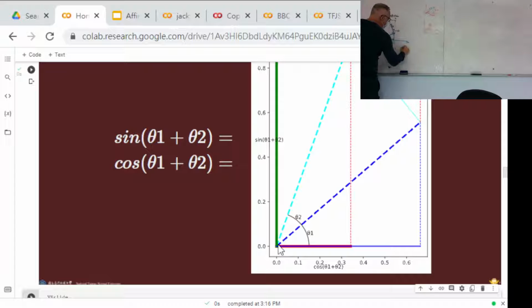So we get cos alpha plus beta is cos alpha cos beta minus sine alpha sine beta, which you can look up in a textbook. But now, even if you don't remember it, you can still prove it.